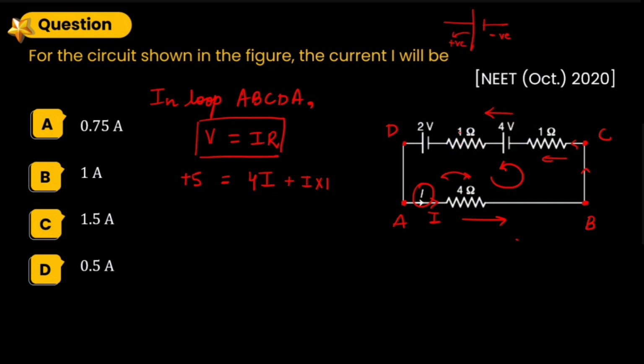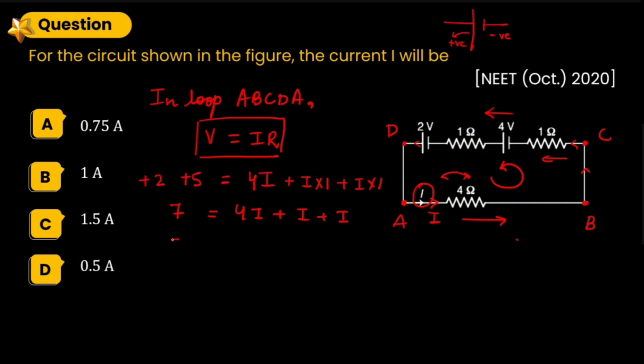Then again we got one resistor of 1 ohm, so it should be I times 1 once again. Now we are exiting from the positive side once again, so it should be plus 2. This is how we are supposed to write the equation through KVL. So it should be 7 equals 4 times I plus I.